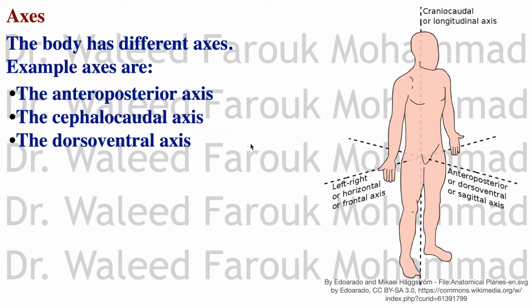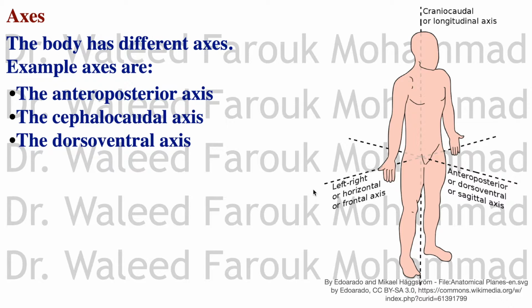Axes of the body: we have the anteroposterior or dorsal-ventral axis, or sagittal axis. We have the cephalocaudal or craniocaudal or longitudinal axis, and we have the left-right axis, or the horizontal or frontal axis.